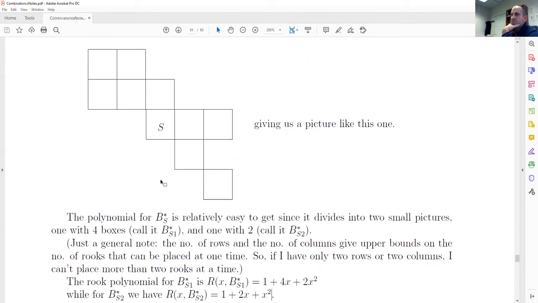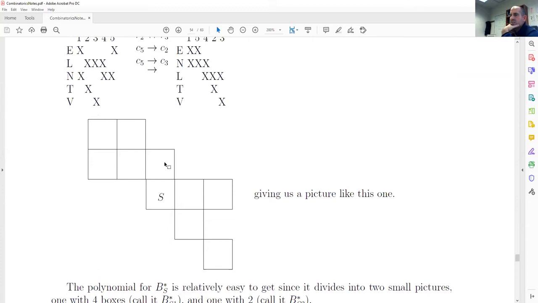4 ways to place 2 rooks in here. Well, if I put a rook right here in the first row, then there are 1, 2 places I could place a second rook.